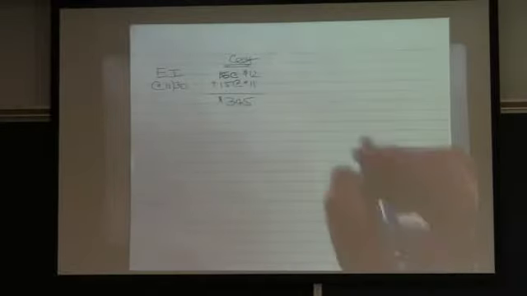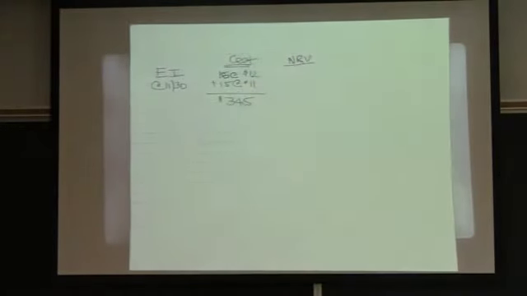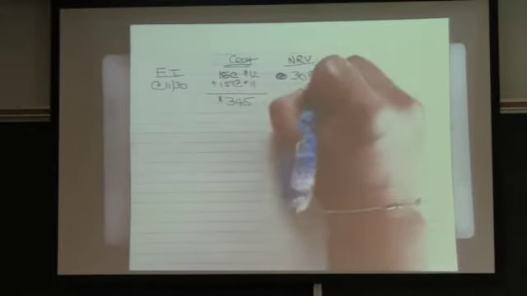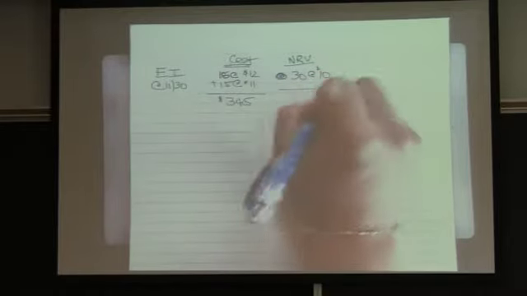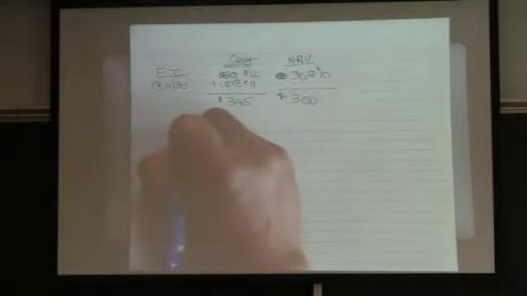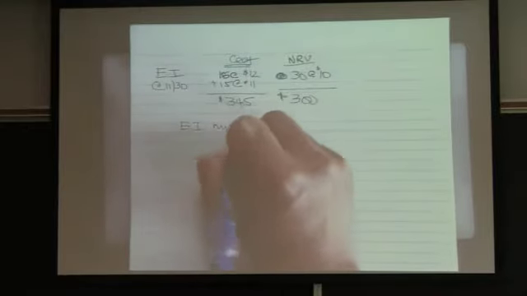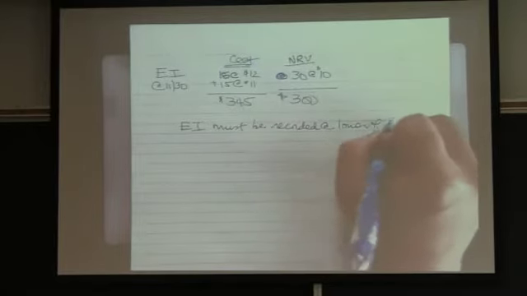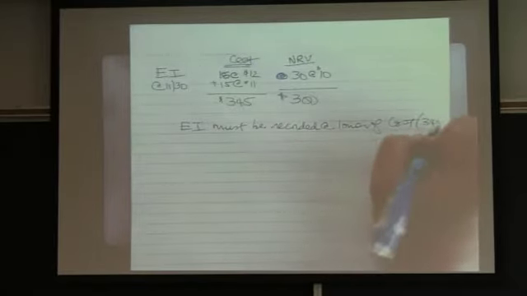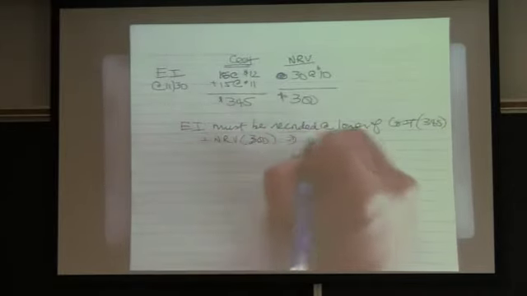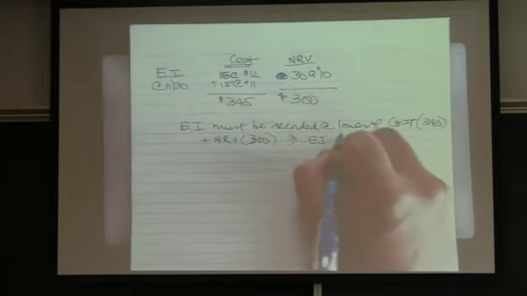The net realizable value of these units is 30 at, and we're told it's $10 each. So that's $300. So the rule says that ending inventory must be recorded at the lower of cost, 345, and NRV, which is 300. So therefore, ending inventory equals 300.